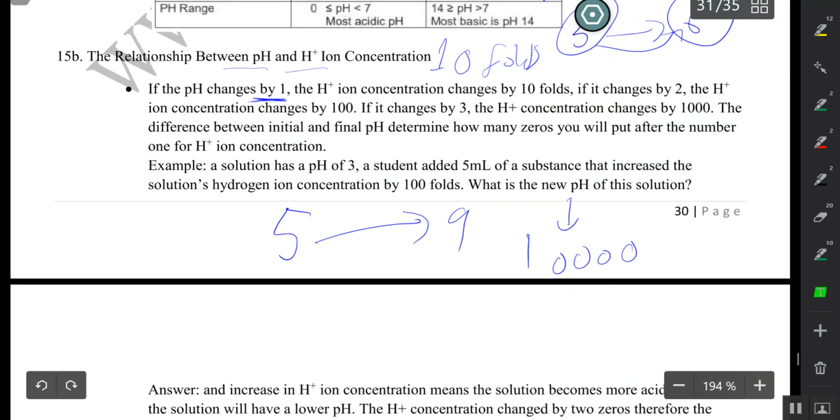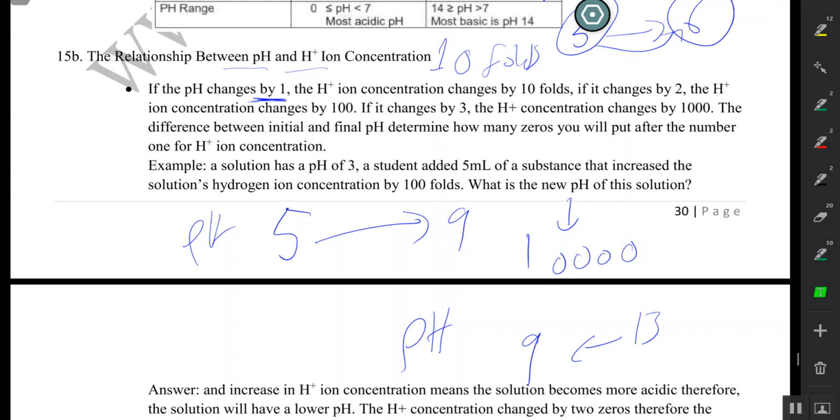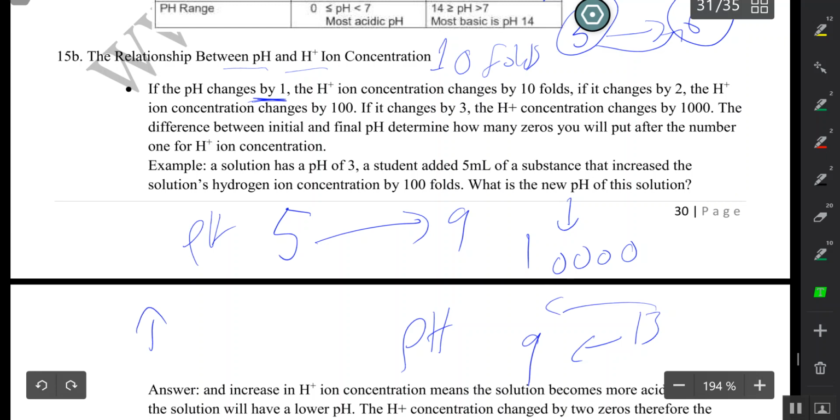Same thing the other way. If the pH value changed from, let's say, 13 to 9. In this case, when the pH changes from 13 to 9, the hydronium ion concentration is going to increase because I'm becoming more acidic on the pH scale.